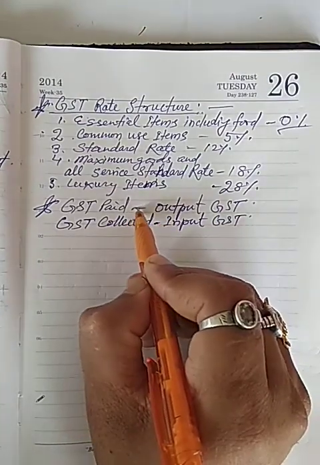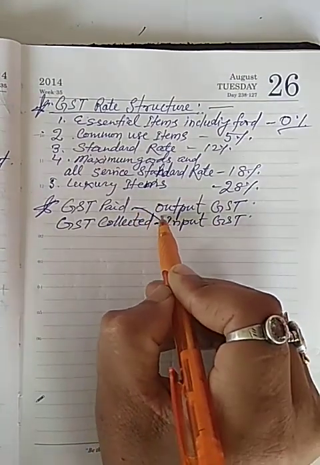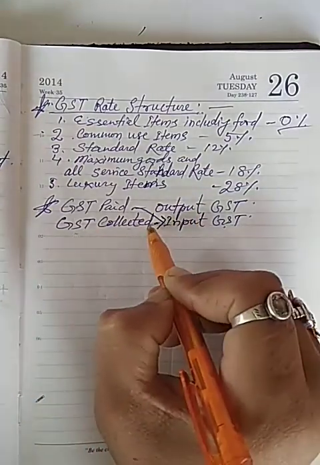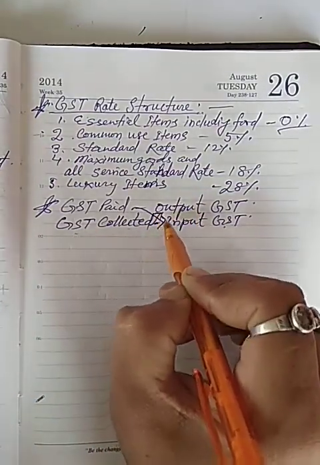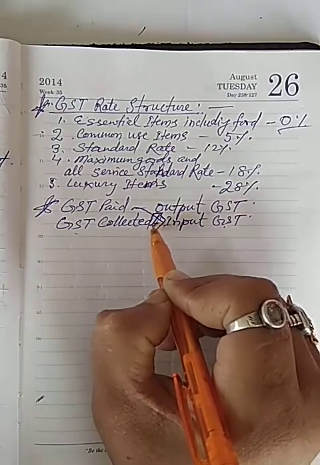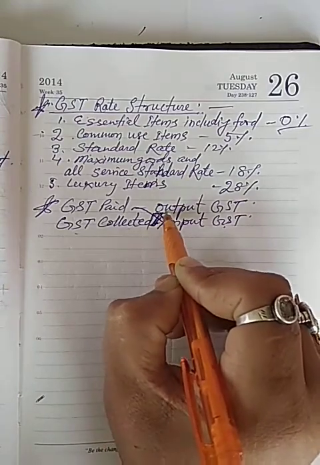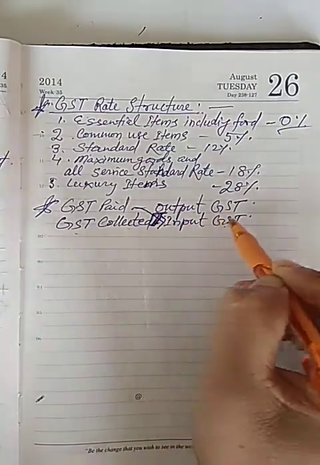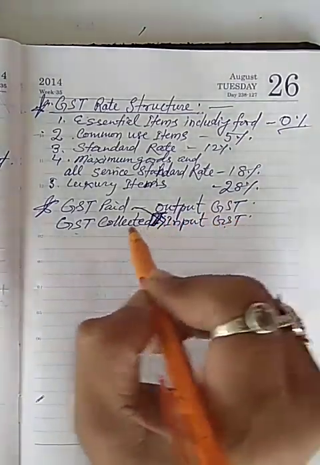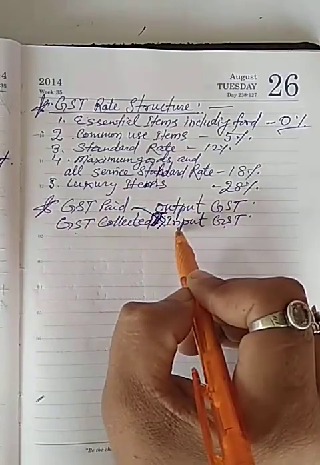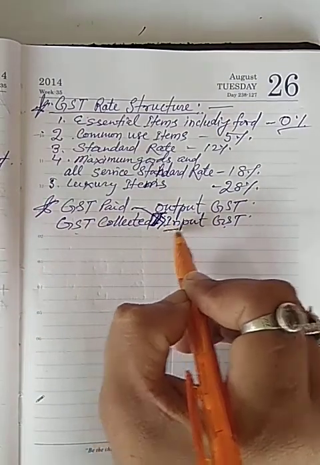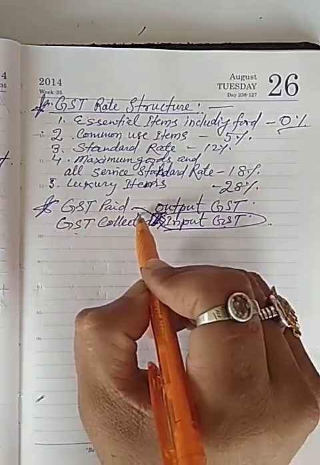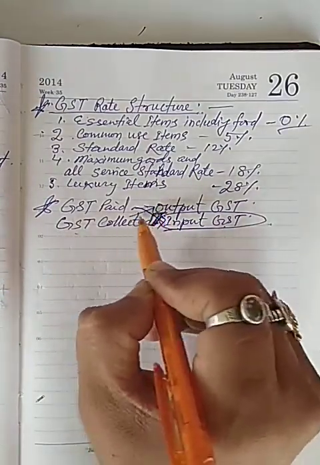By mistake it has been written in the other order. GST paid will be input GST and GST collected will be output GST.